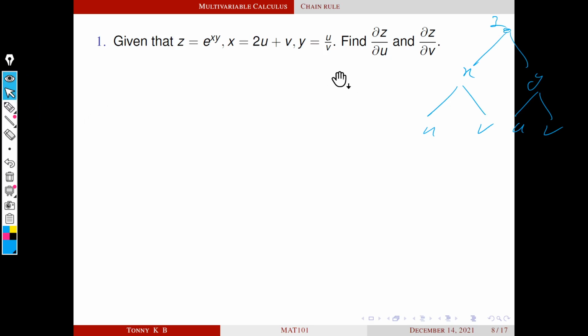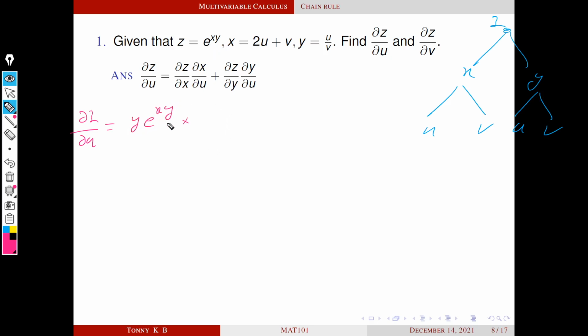So what is the chain rule for evaluating dou z by dou u? So this is the chain rule for dou z by dou u. So you have to find just all these partial derivatives and substitute. So what is the derivative of z with respect to x by treating y as a constant?